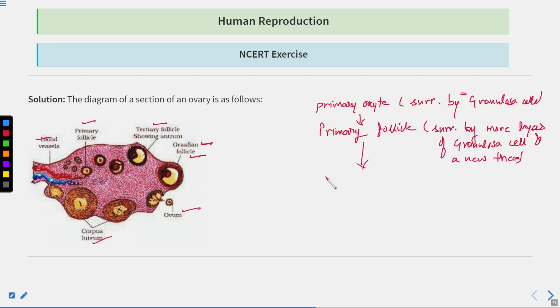Then it forms the secondary follicle. Now the secondary follicle gets transformed into the tertiary follicle. The tertiary follicle forms the Graafian follicle.